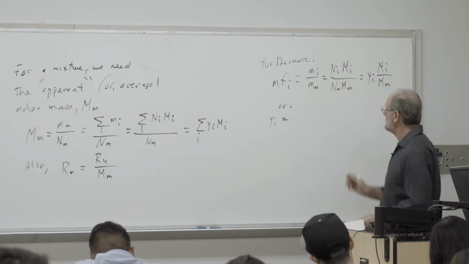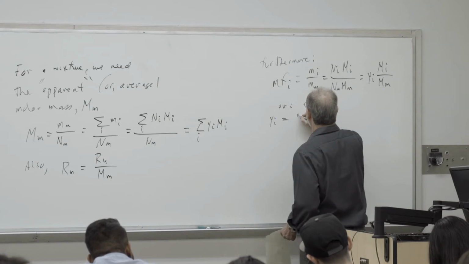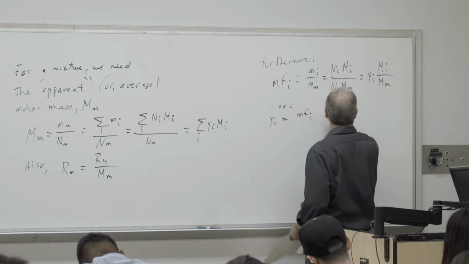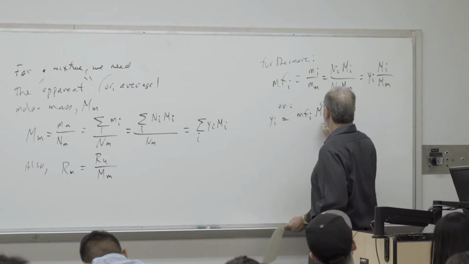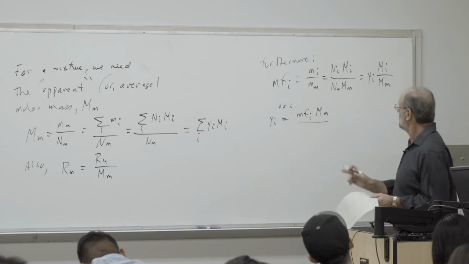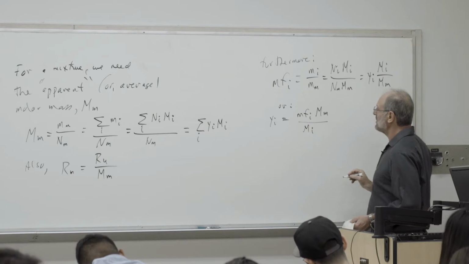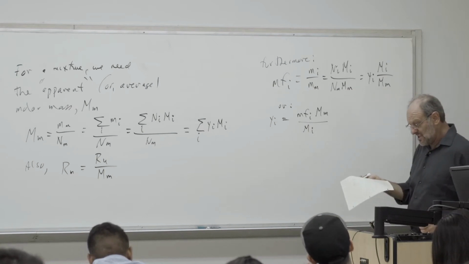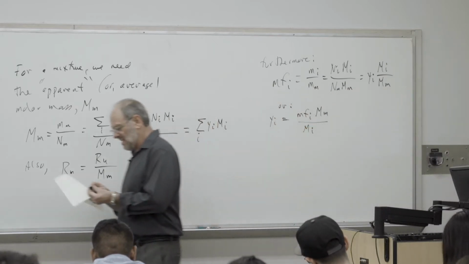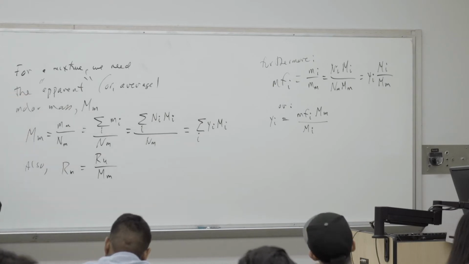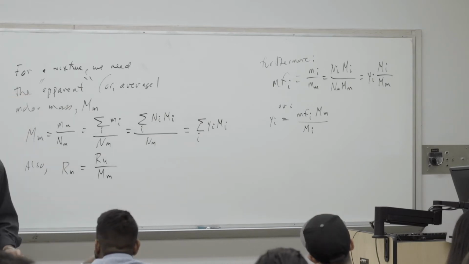So y_i is going to be the mass fraction of i multiplied by the molar mass of the mixture, and then simply divided by the M_i term, the molar mass of each component. So here again is another equation that relates the various terms of interest to us.